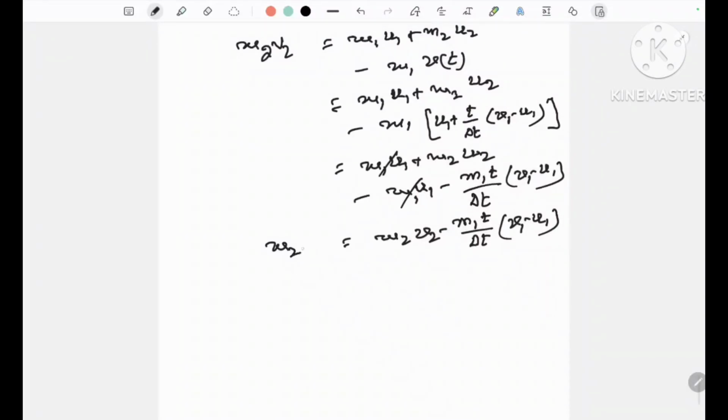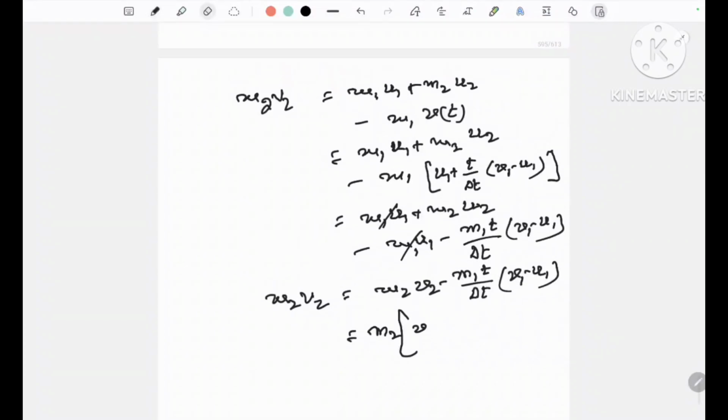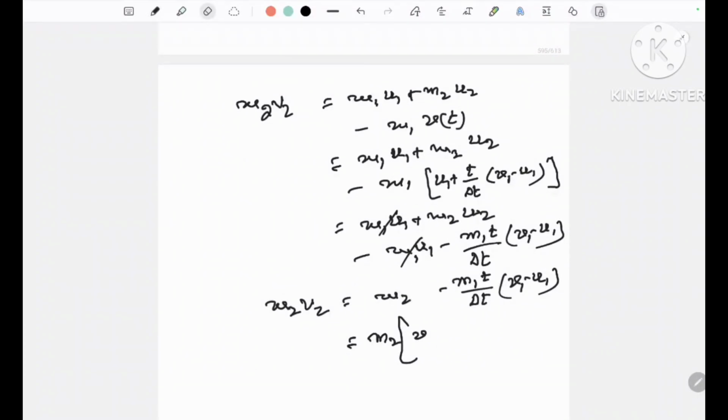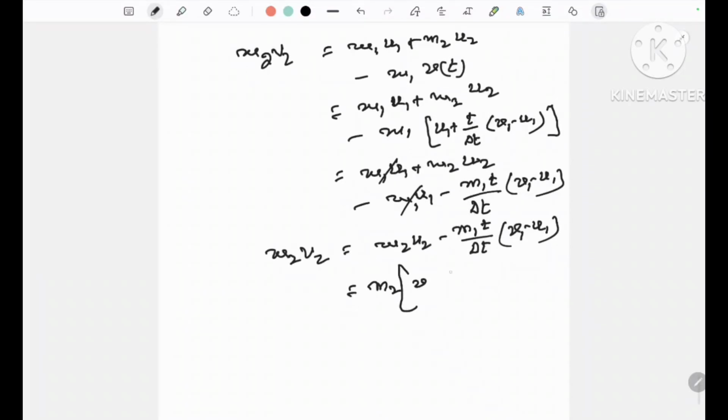Taking m2 common, what remains is v2 equals u2 minus m1 by m2 t by delta t times (v1 minus u1).